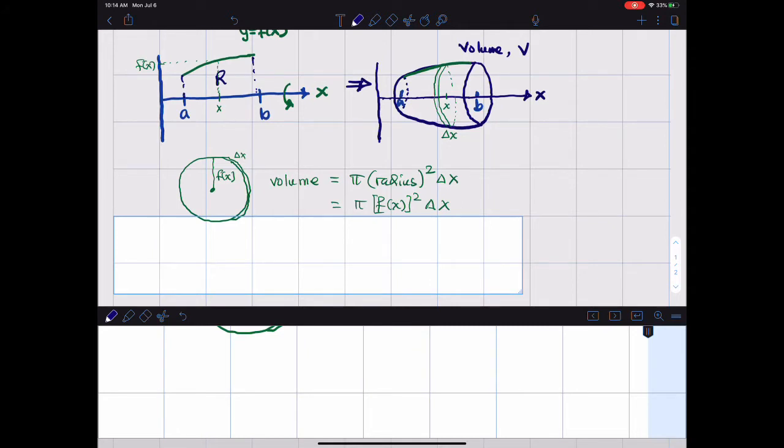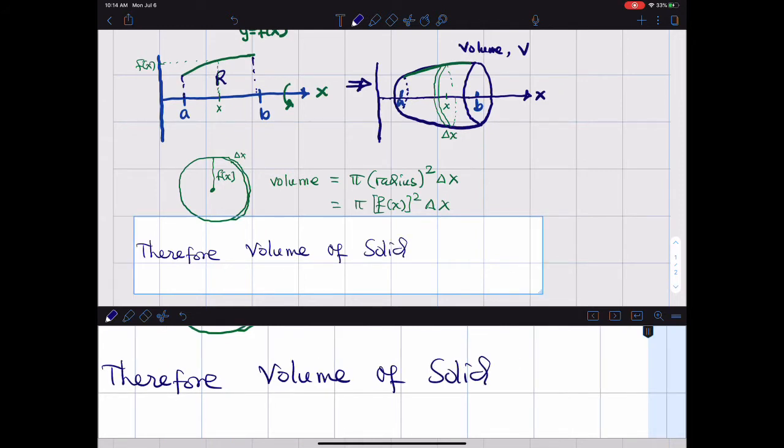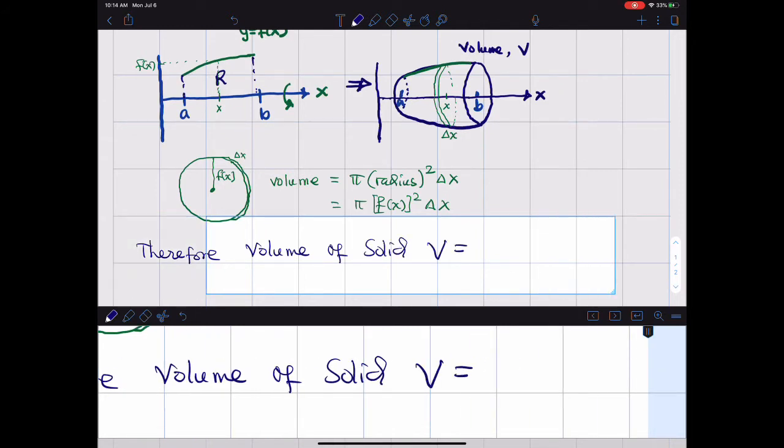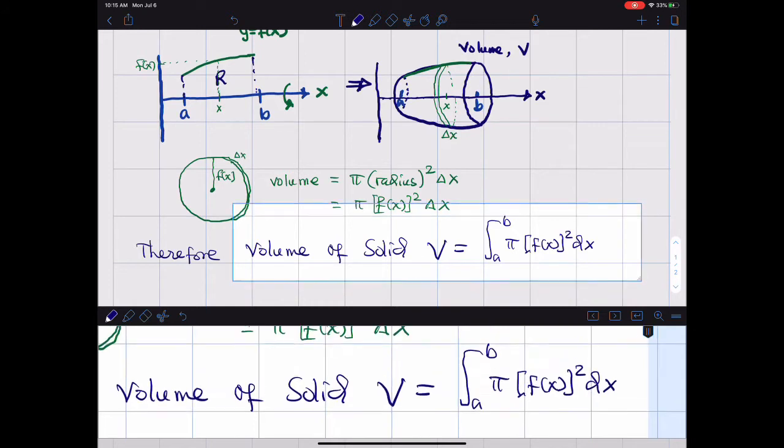So you can say, therefore, volume of solid V is the integral from A to B of each of these little volumes, pi f of x squared, but then the dx, we can just change it to delta x now. Okay.